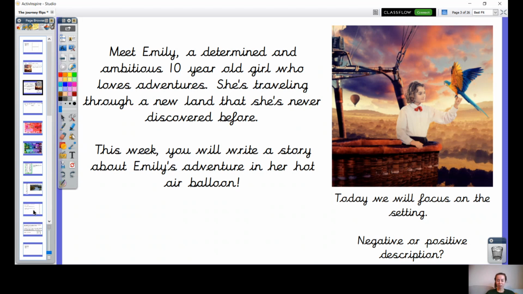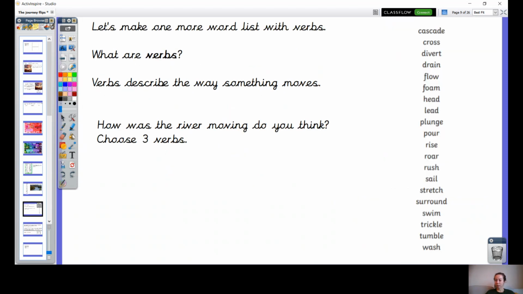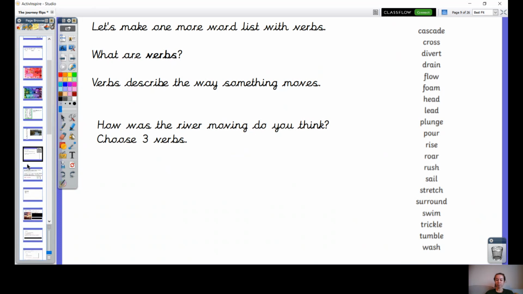I would agree. I think it looks very gentle, doesn't it? So I've got some words here again that you can have a look at and read yourself. I'd like you to choose 2 or 3 verbs here that describe that river. Think about what it looked like and how that river moved. Pause the video and do that now.